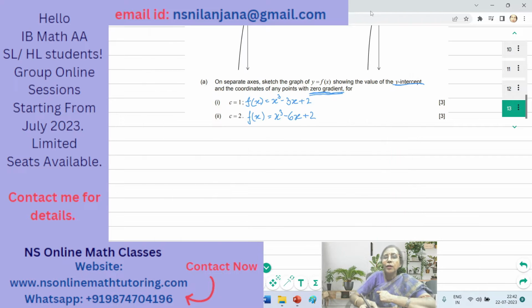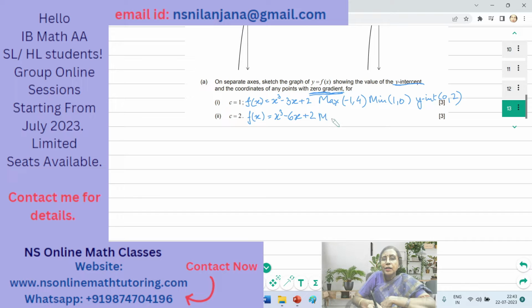Negative 1, 4 is the maximum point. So let me just write it over here. Negative 1, 4 is the maximum and minimum is 1, 0. Okay. And of course the y-intercept should be 0, 2.